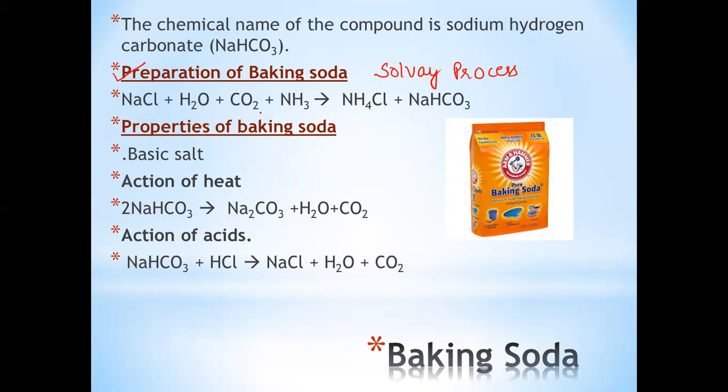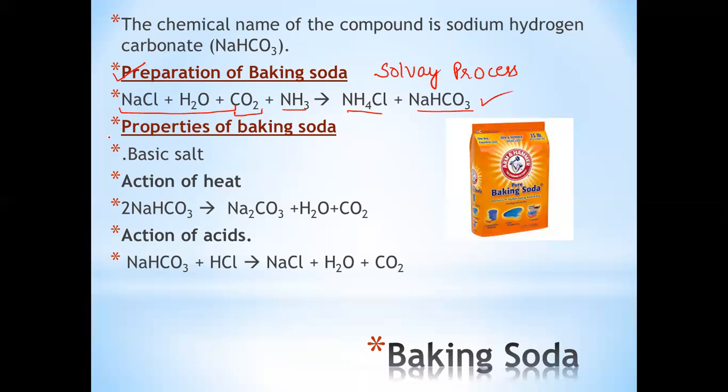When carbon dioxide is passed through aqueous solution of sodium chloride saturated with ammonia, it forms ammonium chloride, NH4Cl, which is soluble in water, and sodium hydrogen carbonate, that is baking soda, being less soluble, separates out as solid and is filtered off.